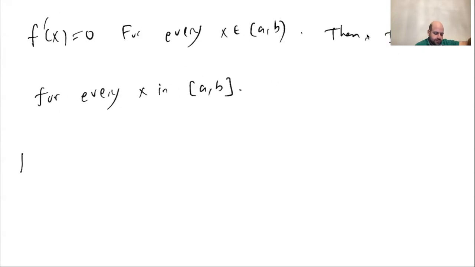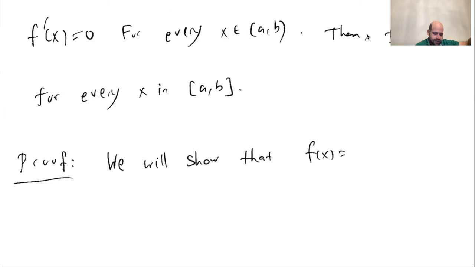Now let's prove this theorem. So we will show that f of x equals f of a for every x on the closed interval a to b.